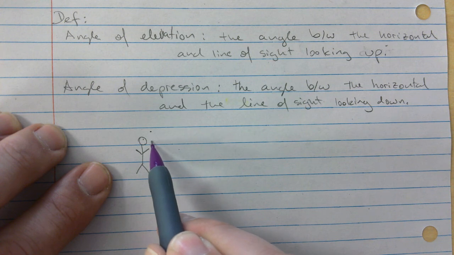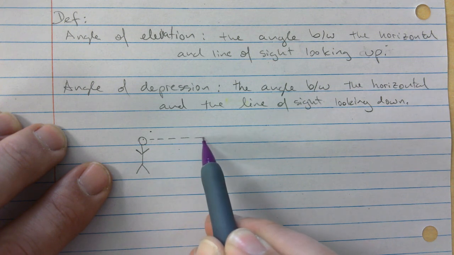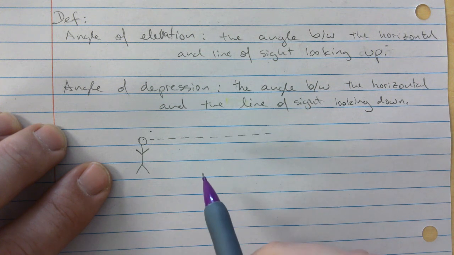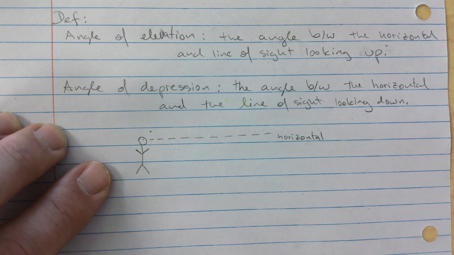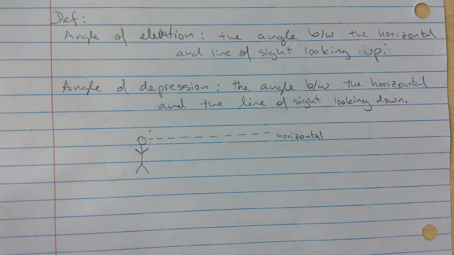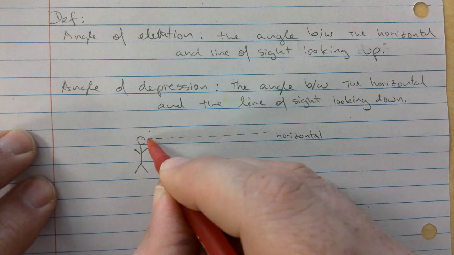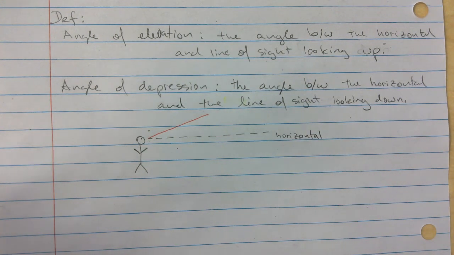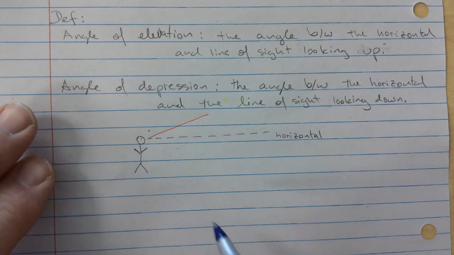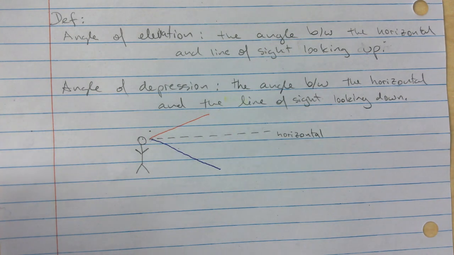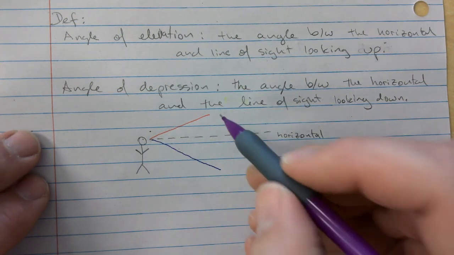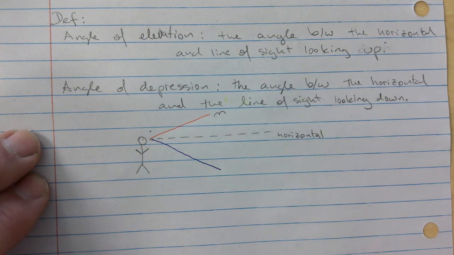If this is the horizontal here, that is going side to side, right? And the horizontal could be the ground. It doesn't have to be up like this, but then you have your angle of elevation, this is the line of sight going up, and depression, it's the line of sight going down. Okay. And just for reference purposes, imagine you're looking at a bird flying up in the sky, right?